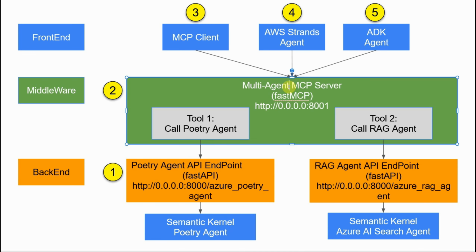Then we have created a multi-agent MCP server with two tools. So tool 1 is calling the Poetry agent and tool 2 is calling the Reg agent. And also I have shown how to create an MCP client and AWS Strands agent and ADK agent, which are able to talk to the MCP server.